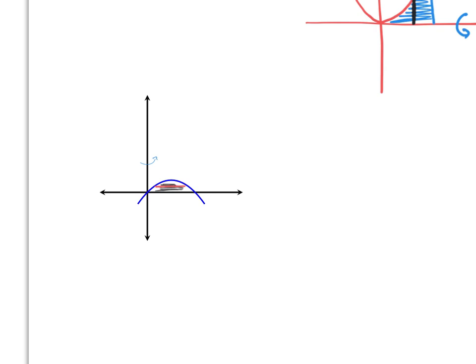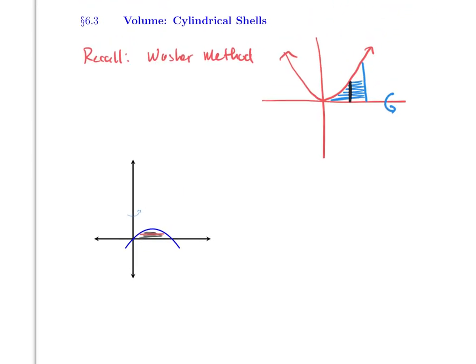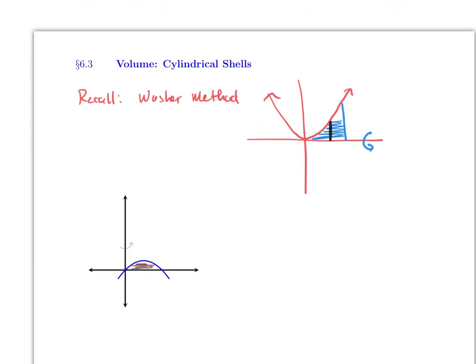So instead, we have a different method called cylindrical shells, and in the cylindrical shells method, the partition is going to be parallel to the axis of rotation.